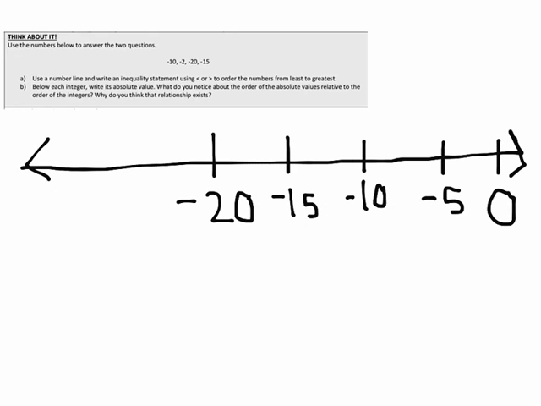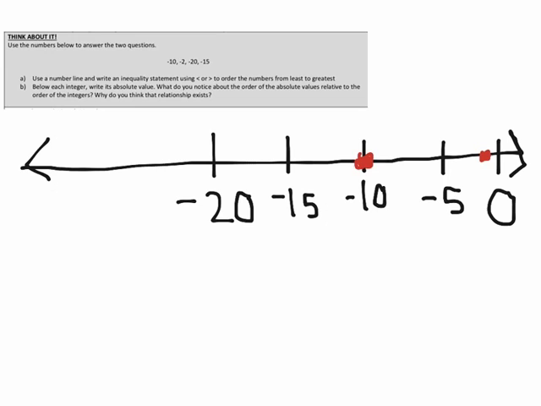So my first one that I'm plotting is -10. I already have a line that's labeled as -10, so I know that I just need to draw my dot right on that line. Okay. The next number that I'm plotting is -2. -2 is not one of my lines on the number line right now, but I know that it falls between 0 and -5. -2 is very close to 0, so I'm going to draw it in between those two numbers, but a little closer to 0 than to -5.